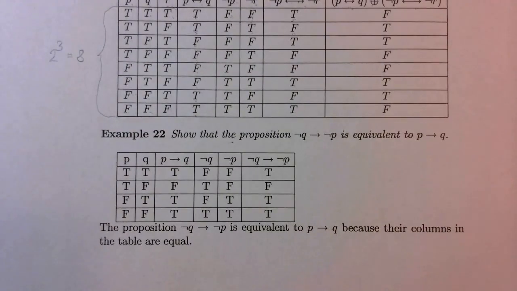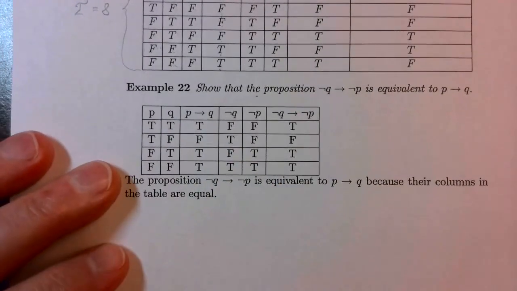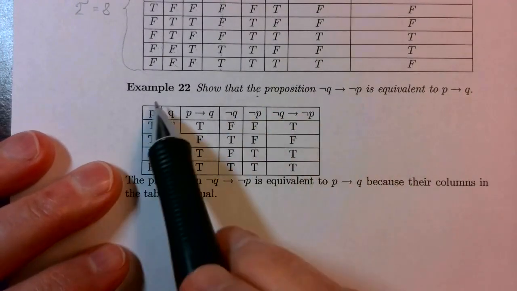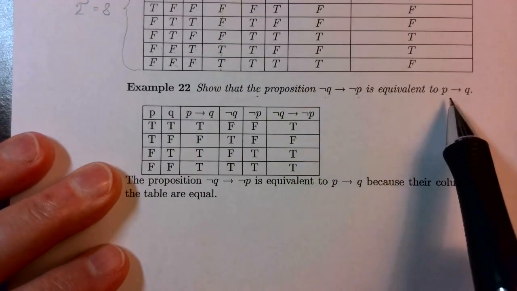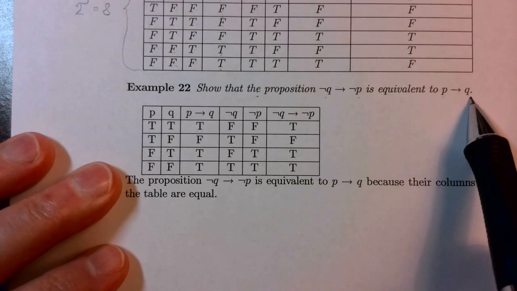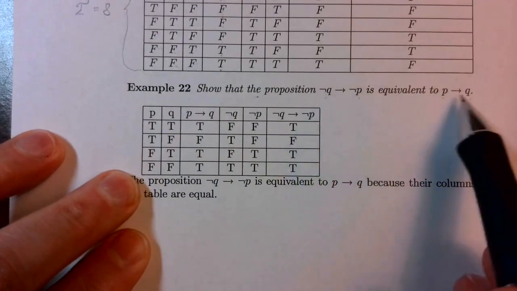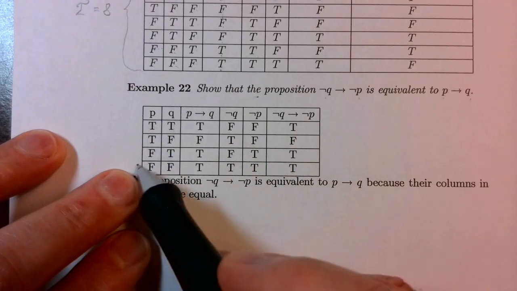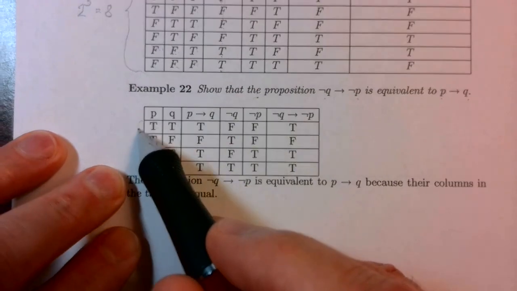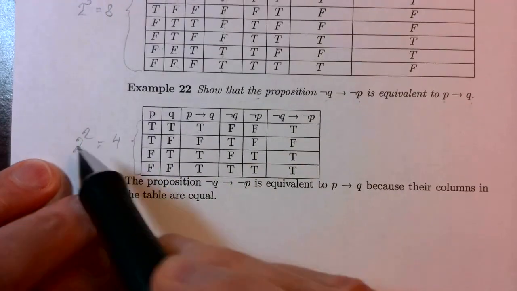In this example, we show that the contrapositive is equivalent to if P then Q. We have only two propositional variables, so the number of rows will be 4, which is 2 squared.